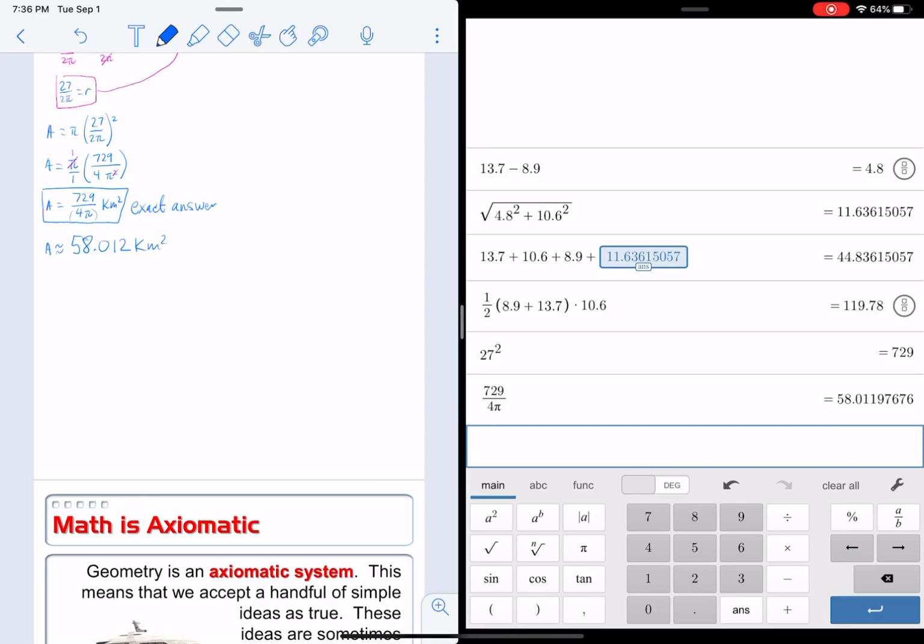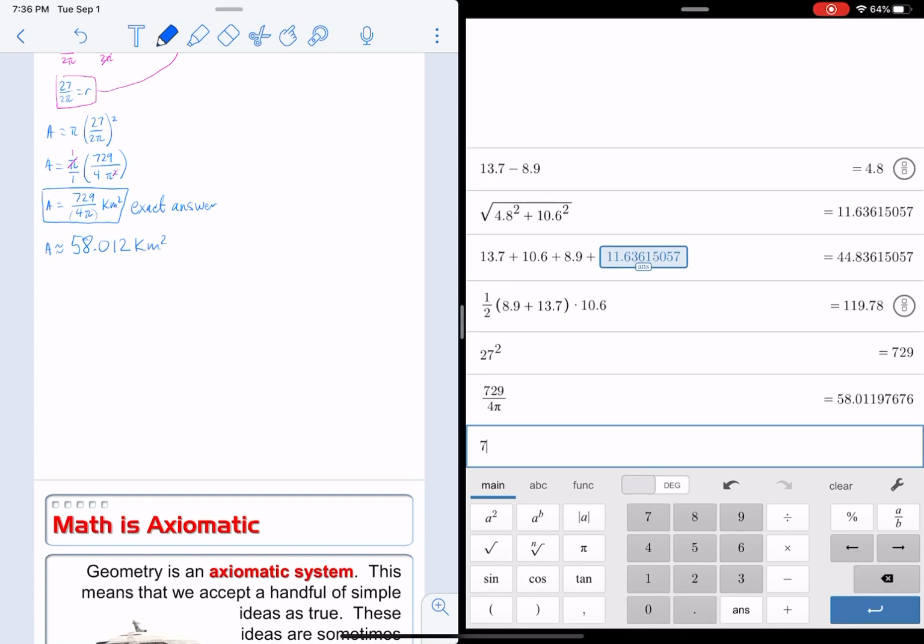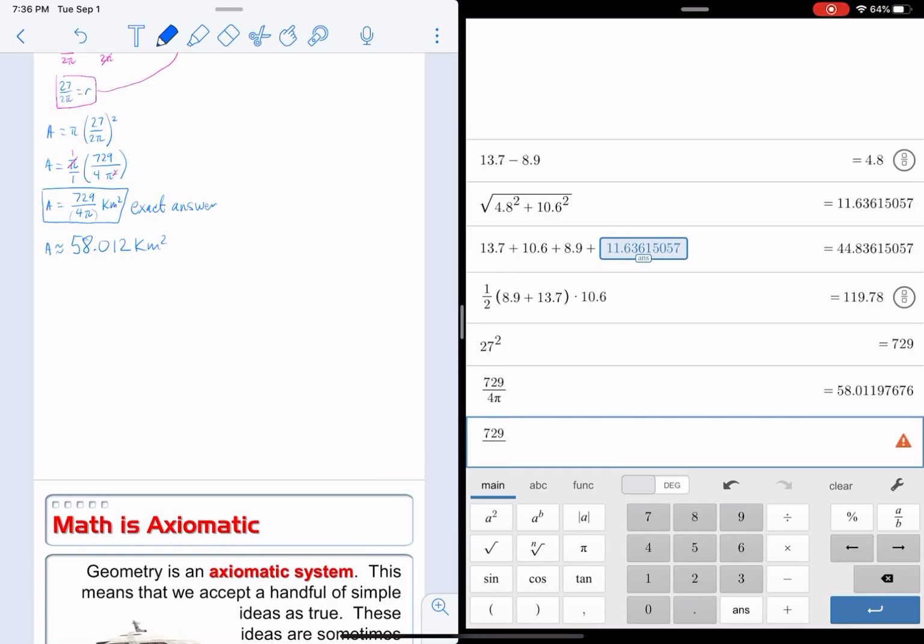Okay, so watch what will happen if I don't use that little fraction bar and I just divide like this. 729 divided by 4, and then throw the pi in there. This thing is so smart, it did it for me. Okay, let's see if I can mess it up. I want to be able to mess it up. 729 divided by, because your calculator does not do that kind of thing.